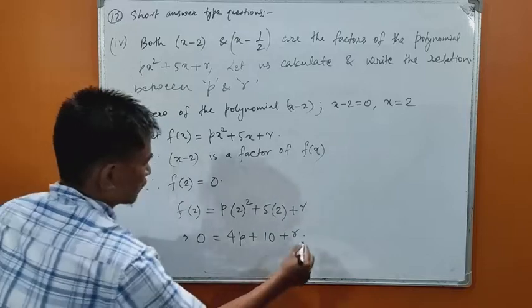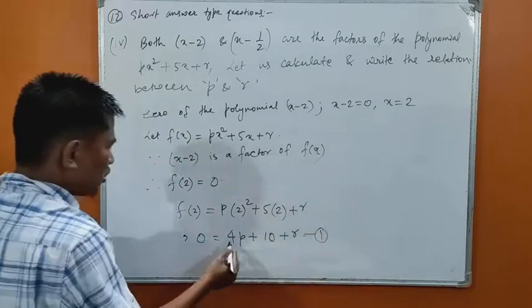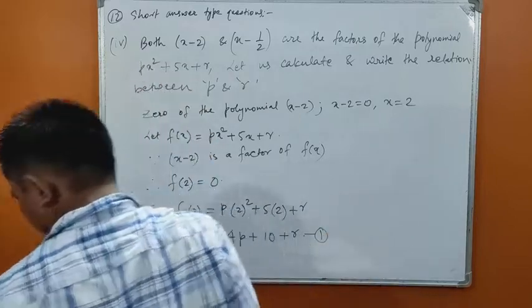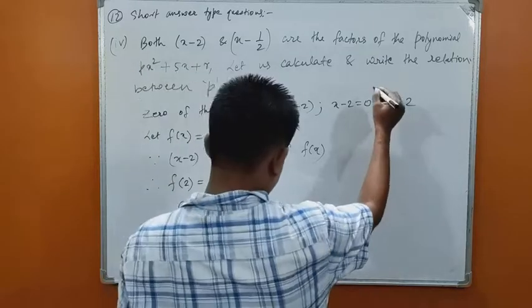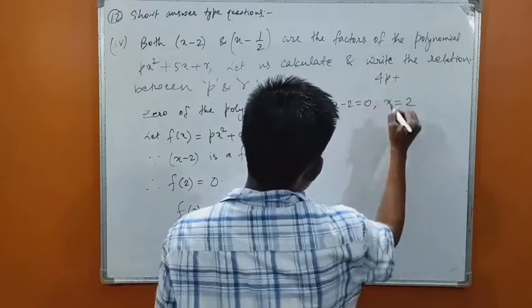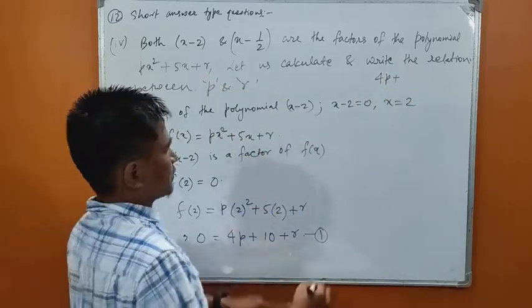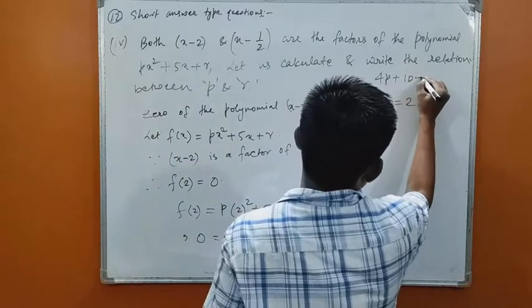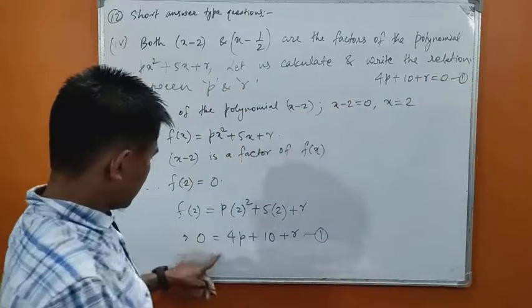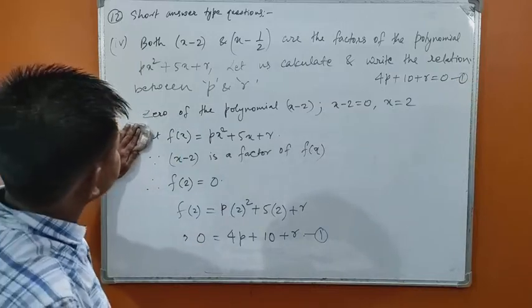This is equation 1: 4p plus 10 plus r equals to 0. Let me write this equation somewhere here. Okay, let me erase this.